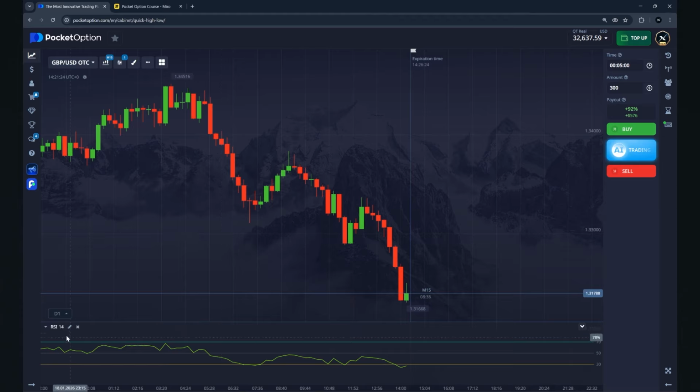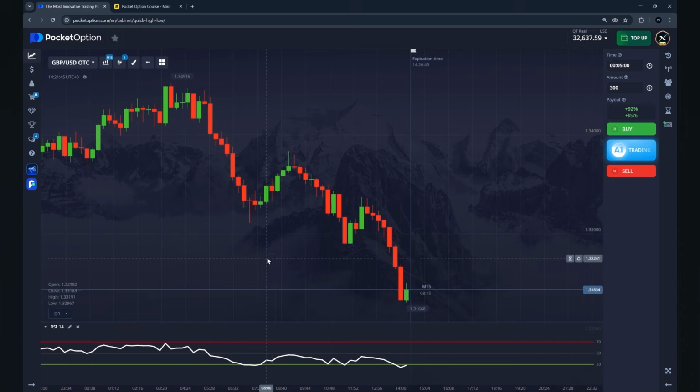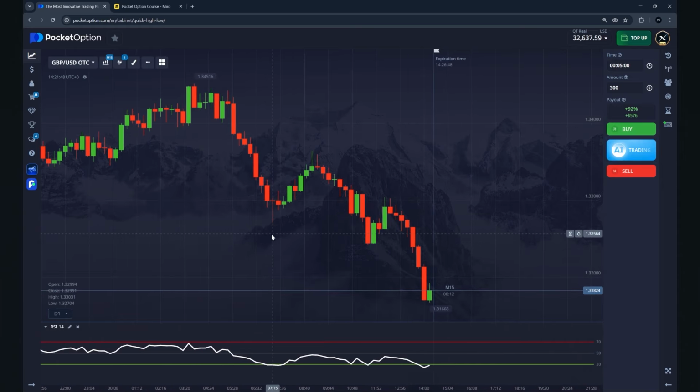So let's go choose styles. Let's make the main line 3 pixels thick and white color. 70 I will make red, 2 pixels thick, middle gray 2 pixels thick, and the 30 is the oversold zone, green 2 pixels thick. So now we are ready.